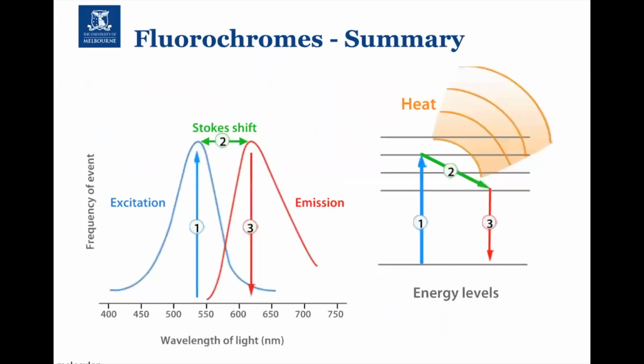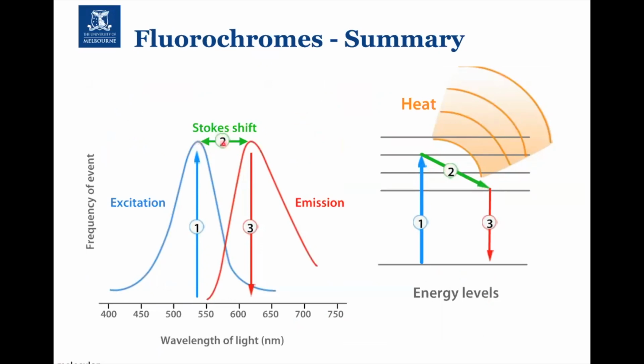Okay, so just to summarize again on fluorescence and how it occurs. We're looking at a molecule which is absorbing a photon, meaning the electrons within that molecule become excited. So this is our excitation spectrum here. We lose some of the energy within the electrons as heat.